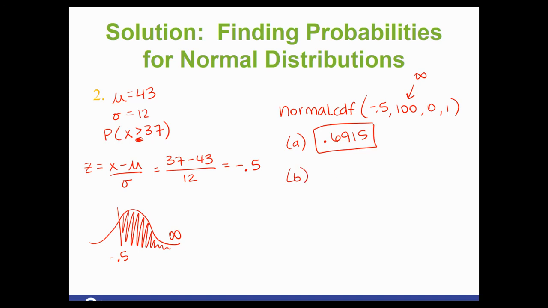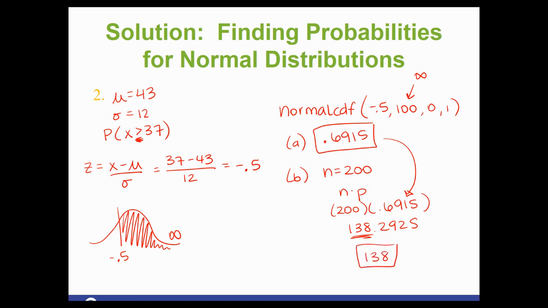And then again, if we have 200 people in the building, N times P, 200 times that 0.6915 we just found, we get 138 and change, which we want to round down to 138. That's how many total people are in the building.